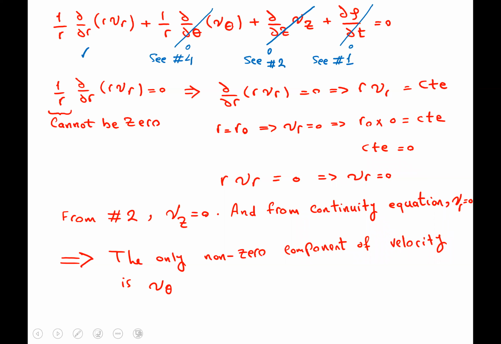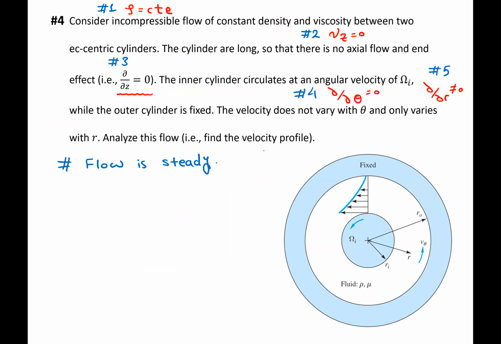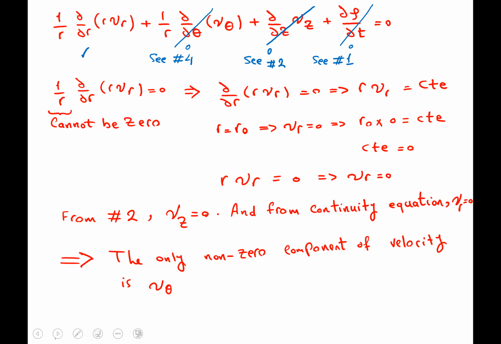This is important because the problem says find the velocity profile, and now we know that the velocity profile, which has three components, v_r, v_z, and v theta. We know that v_z and v_r are zero. As I say here, v_z equal to 0 was given in the problem statement. That was kind of initial information. And then when we worked on the continuity equation, we realized that v_r is also 0.